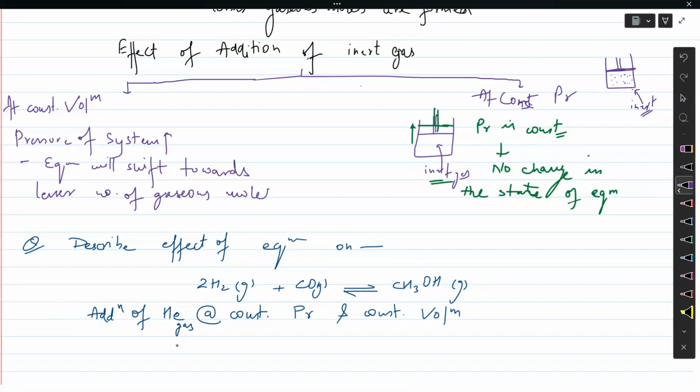Forward direction or backward direction? Please answer in the chat box. Forward direction or backward direction?